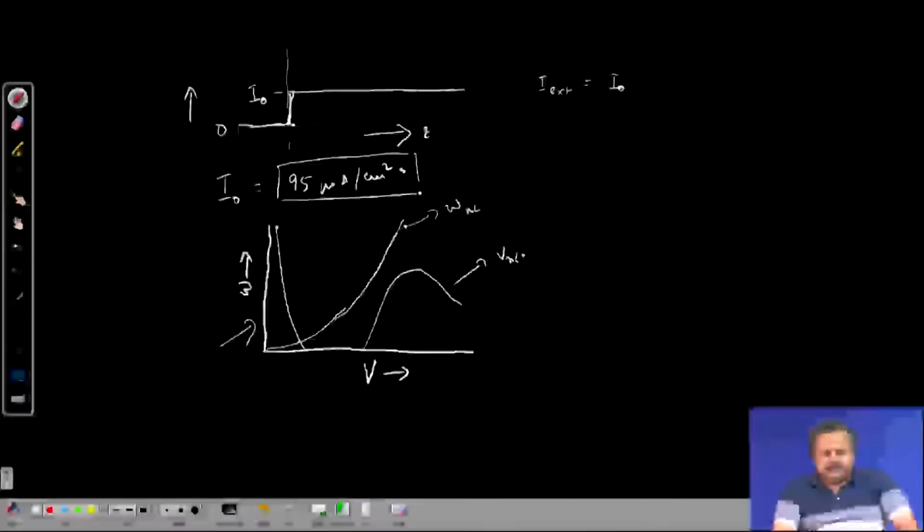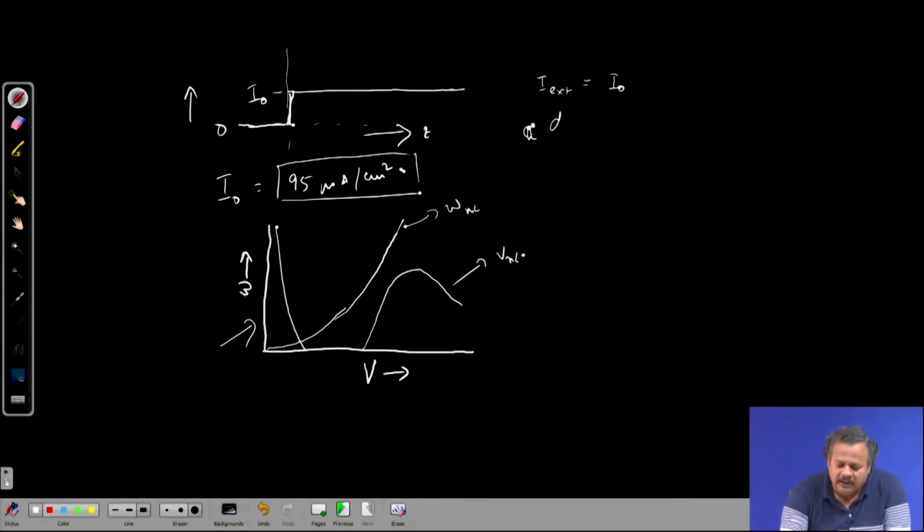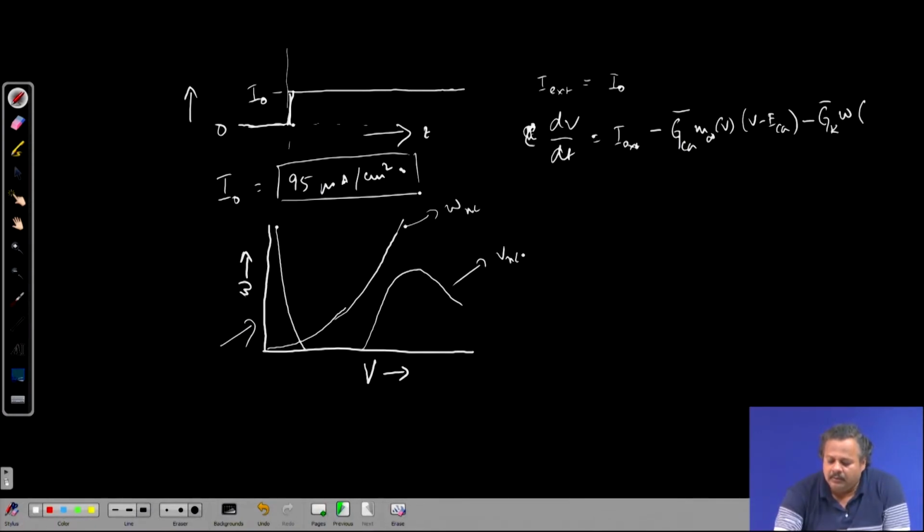Indeed it will, because if you remember, the V nullcline is C dV dt equals I external minus G calcium M infinity V minus E calcium minus G K W V minus E K minus G leak V minus E leak.